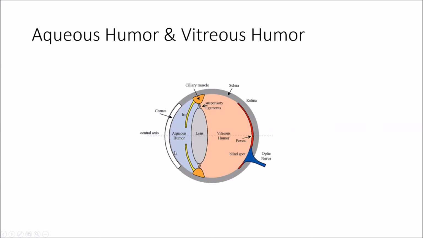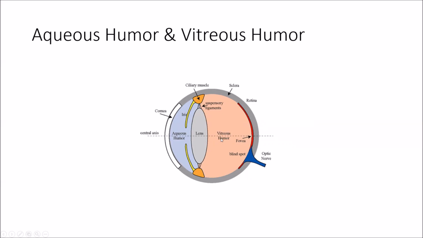Inside this part of the eye here, you find a clear gel-like material that's going to control the path that the light travels as it enters the eye. So the aqueous humor is just a fluid-like substance that you find inside of this part of the eye here.